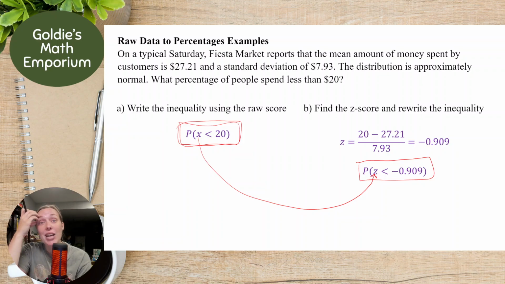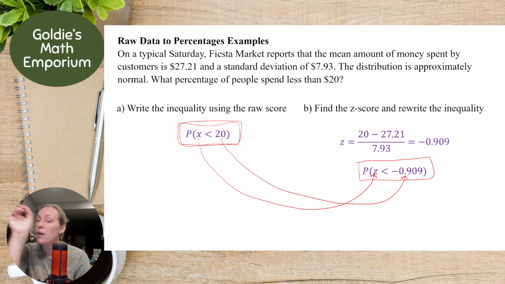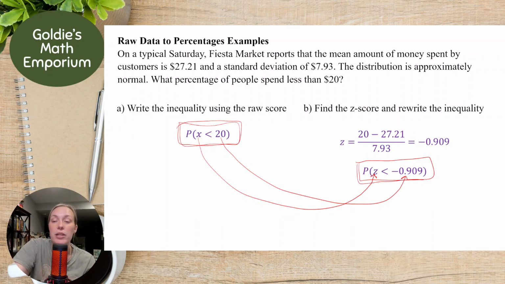So we changed X to a Z, and that means our raw data, we took that and we standardized it and we created a z-score. The inequality didn't change, but we standardized. So this is our new inequality that we are trying to find. We want to know what percent of z-scores is less than negative 0.909.